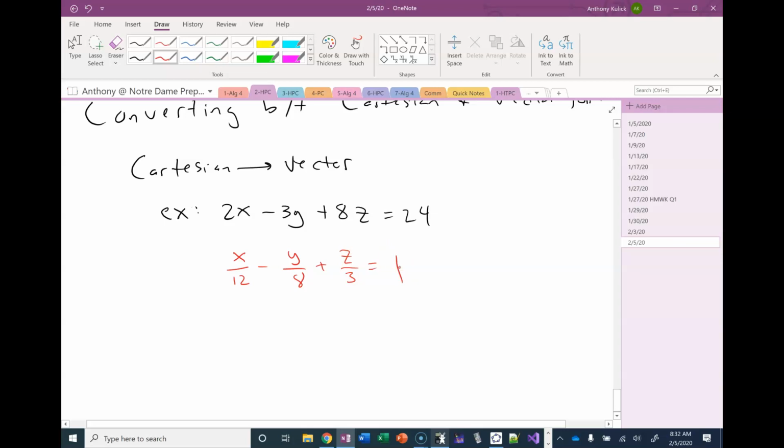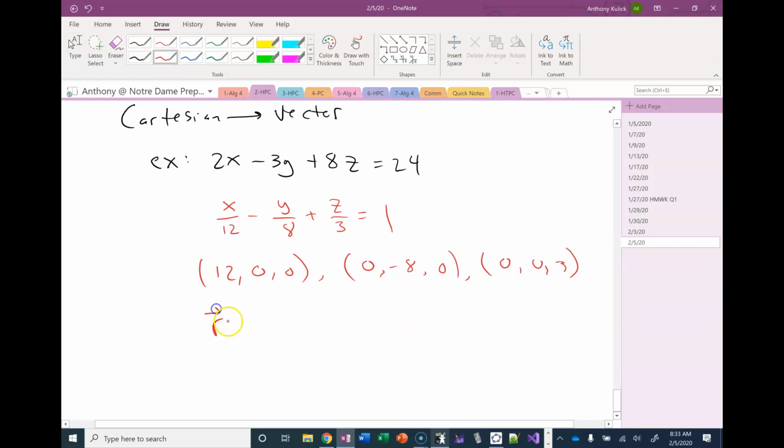Everybody okay there? So very quickly, I've got 3 points. And then to write my vector equation for a plane, I use this equation where m is going to be, I'll just use the first point for m.